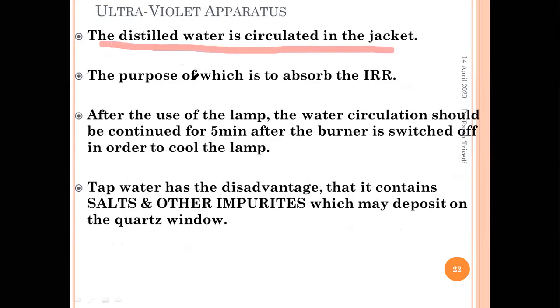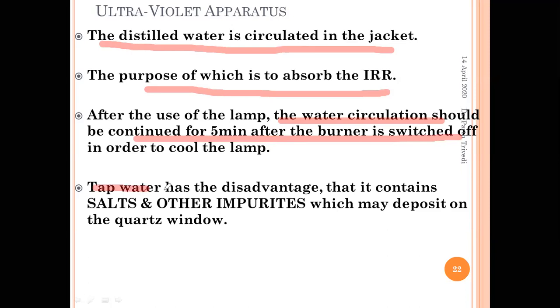The purpose of this is to absorb the IRR. After use, water circulation should be continued for 5 minutes, until the burner is switched off. And as I said, tap water has the disadvantage that it contains salts and other impurities which may deposit on the quartz window. So that is why we are using distilled water, which is pure water.